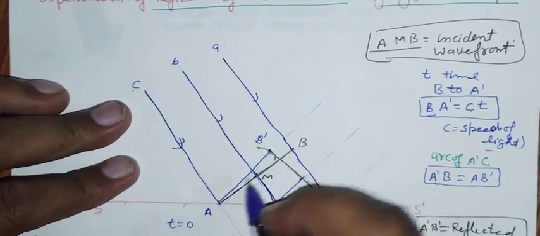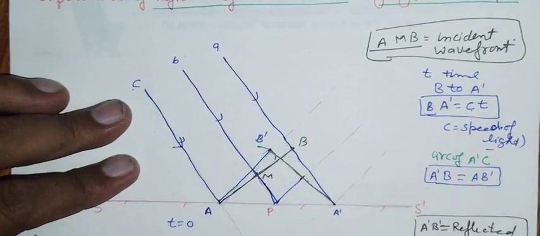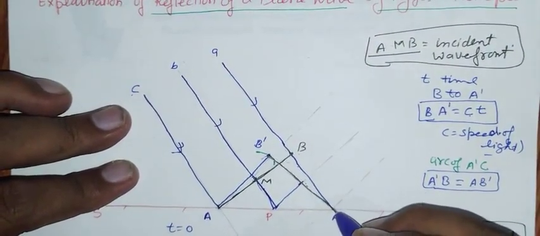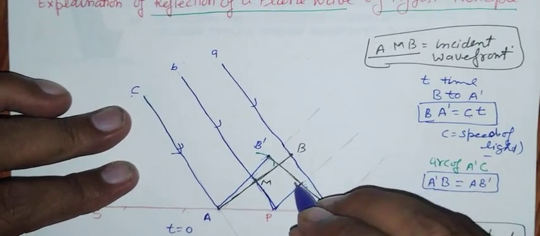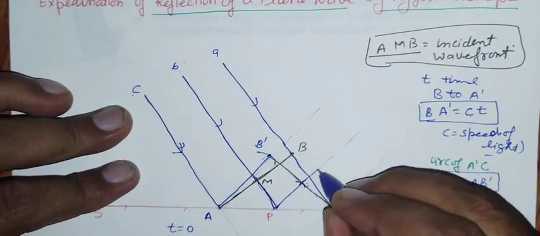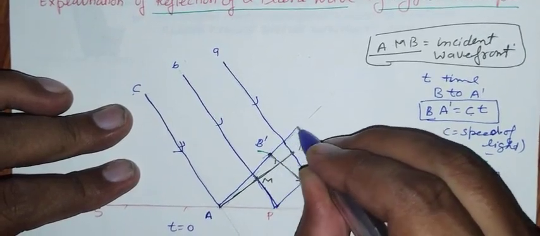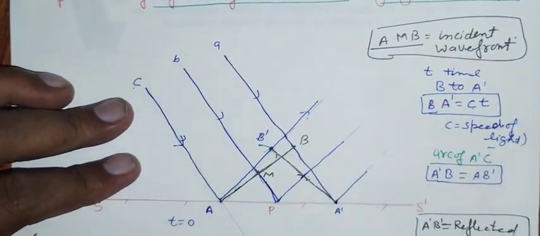This total distance is equal to here, and the reflection will start. Thereafter, the reflected beam of light will proceed in the directions.